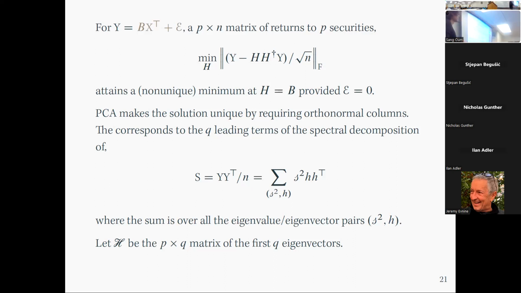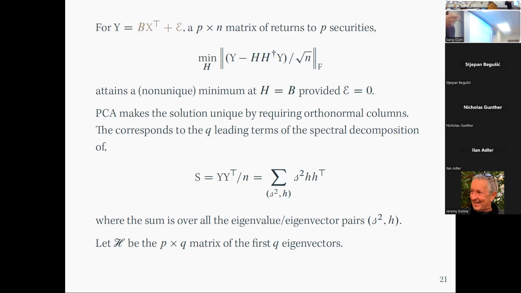And the reason that the right-hand side of that Y equation is grayed out is because that's the stuff that I don't observe. That's a modeling assumption, but I don't get to see the X, I don't get to see the E, I don't get to see the B, anything like that.